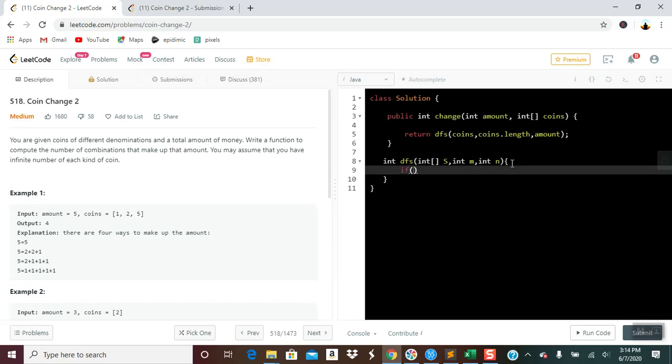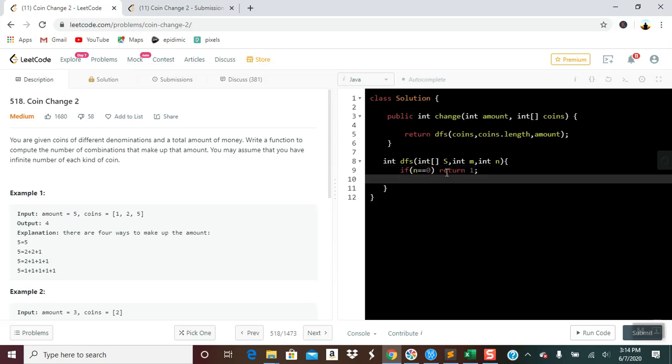Whatever coin I pick, I'll remove that coin amount from the sum amount. So whenever it becomes 0, then I want to return. If n equals 0, then return 1.